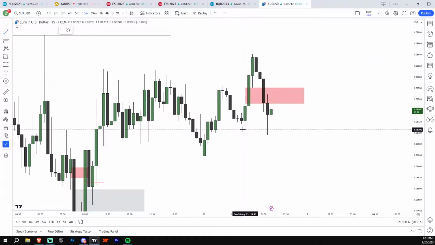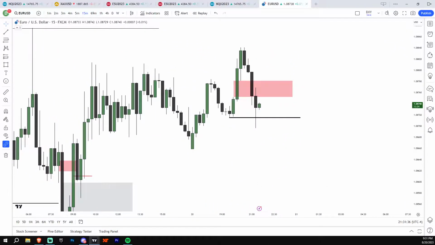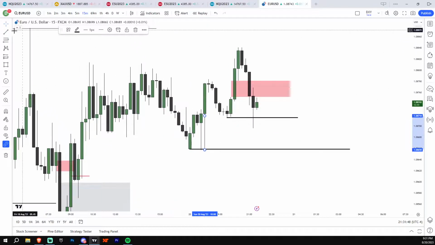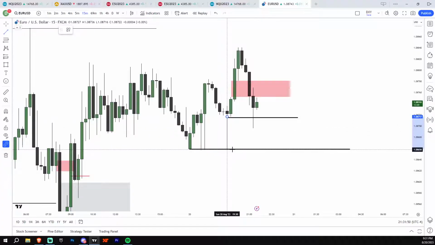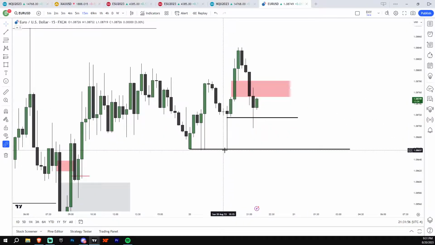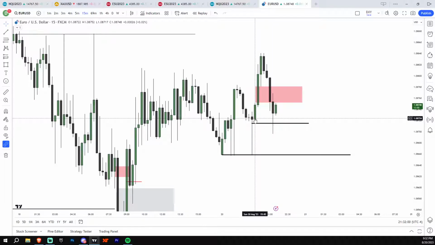No. Okay, but let's say you're very confident that we're going to go to this low right here. Let's say there's 5 million equal lows right here. Then, depending on how you trade, could you technically still take this short? If there's 5 million equal lows down here, we purge buy side, yes.